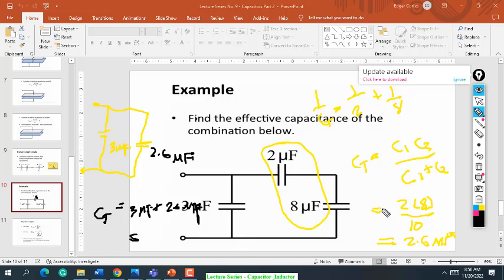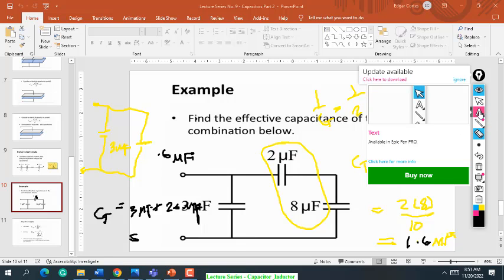Excuse me, sir, it's not 2.6, it's 1.6. Yes, it's 1.6. Sorry, this is 1.6. Thank you for that correction.